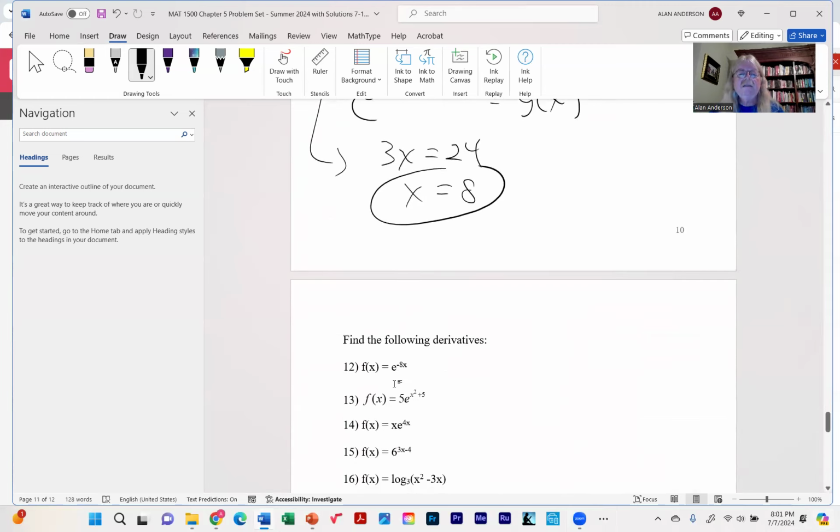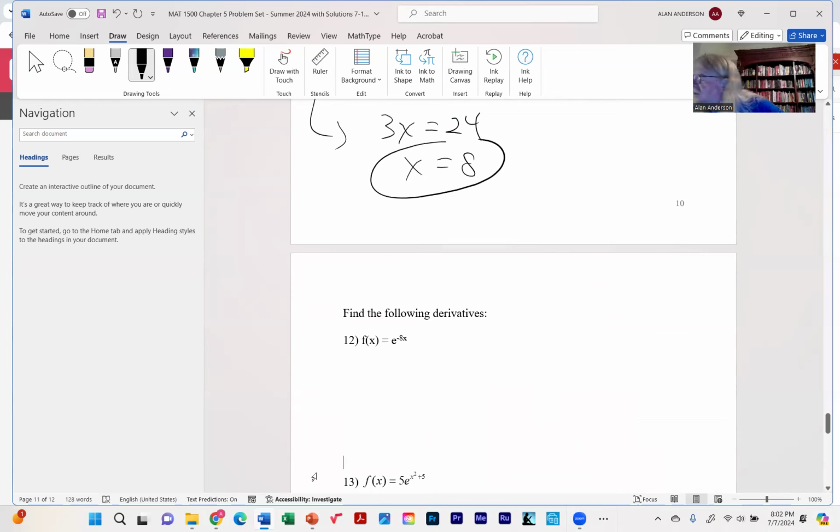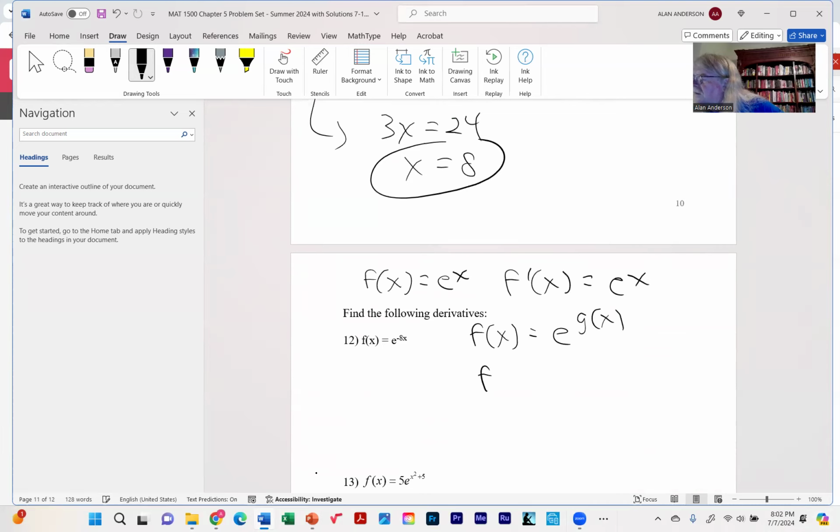All right. Now these are derivatives involving e to some function of x. So remember how that works. Okay, so here it's e to the minus 8x.